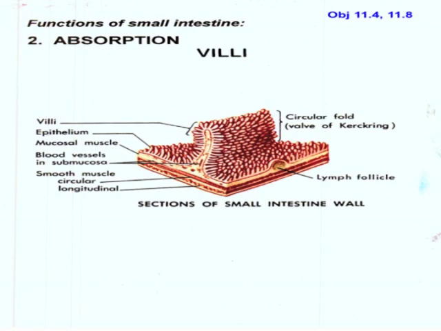The function of the small intestine is absorption, and the small intestine absorbs nutrients through these villi. The villi are microscopic projections that protrude from the small intestinal wall. They increase the surface area, which allows for further contact with the nutrients, allowing greater absorption.